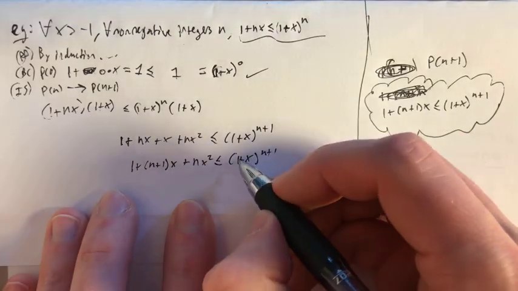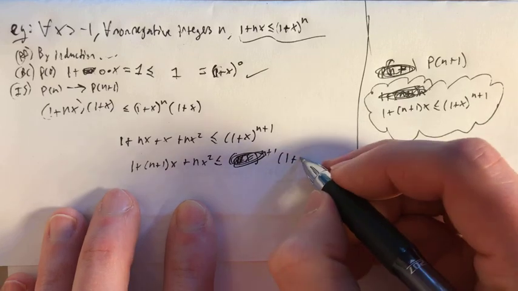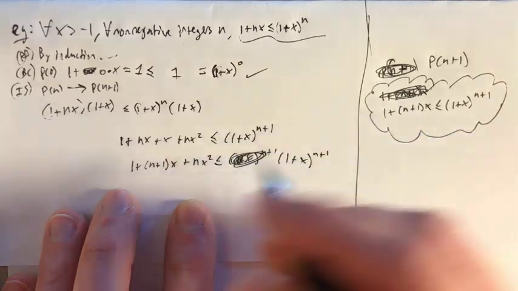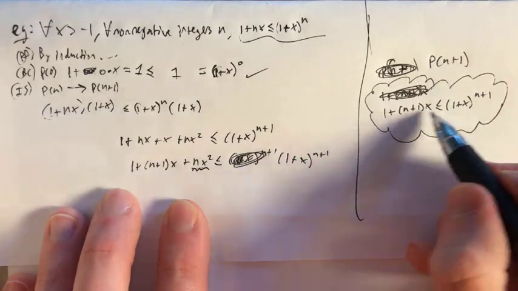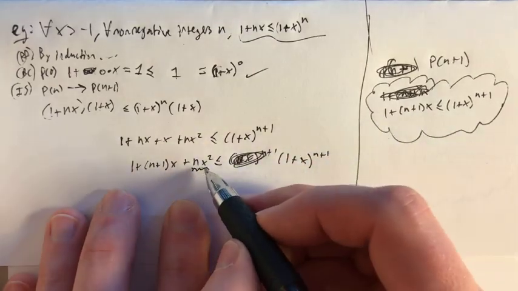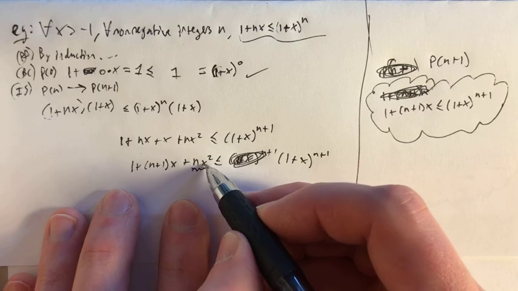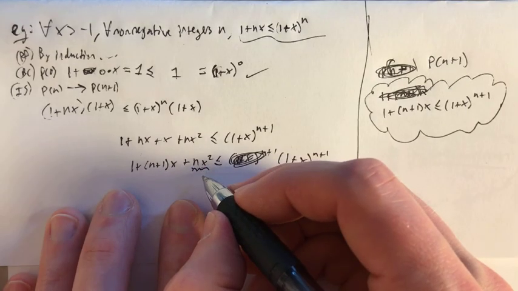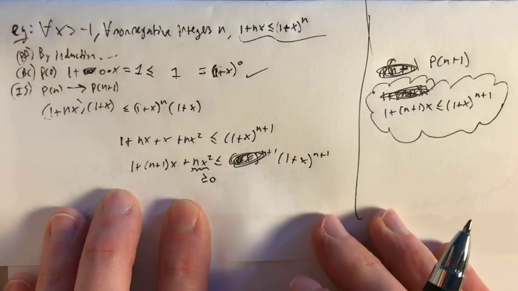This thing is present here, but not present here. But notice I've got n, which is non-negative, and a real number squared, which means this thing is greater than or equal to 0. This nx squared is greater than or equal to 0.